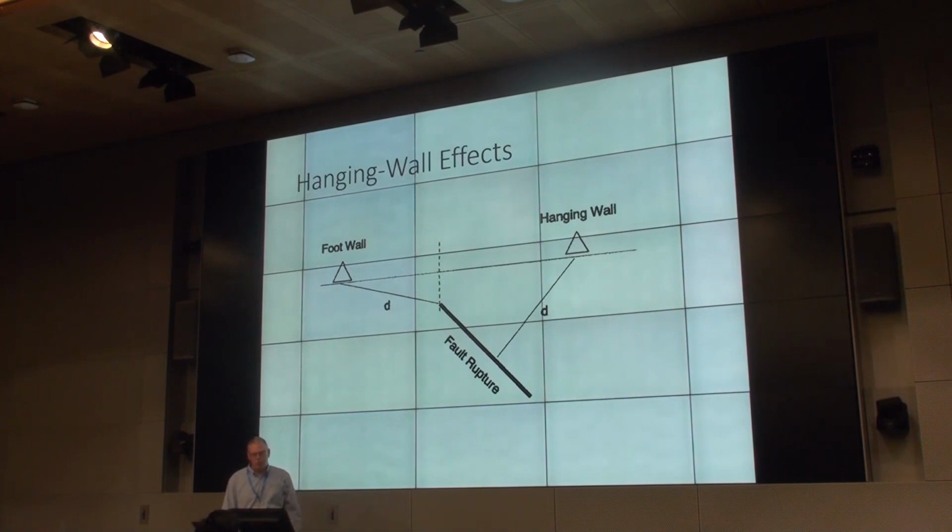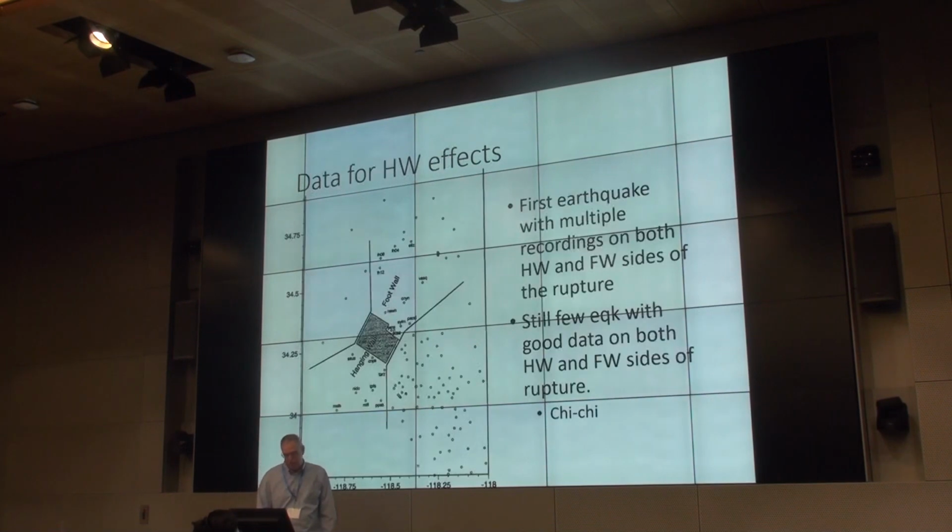So just for a purely geometrical reason, we have a large increase in the ground motions on the right-hand side compared to the left-hand side at the same distance. Okay? Those factors get large.